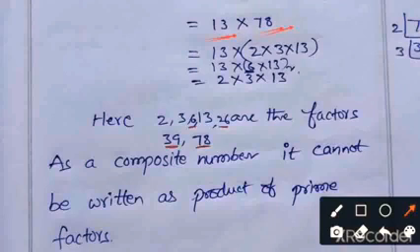And 13 into 78 gives some answer, and that answer is also another factor of this number. So here we have more than 2 factors. Those 2 factors mean 1 and itself. Here 1 is also one of the factors of 13 into 78. That's why we can say 13 into 78 is a composite number.